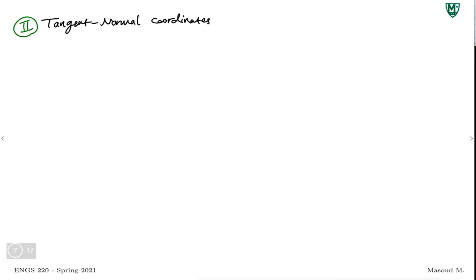Let's put a few sentences here. You can say, in this scenario, we specify the position of a point or of a particle.